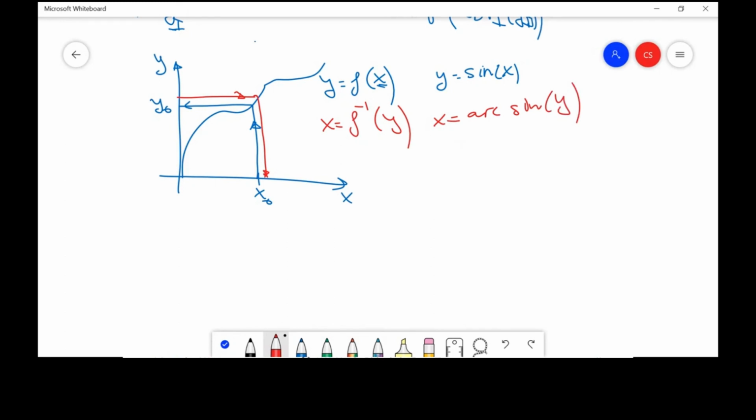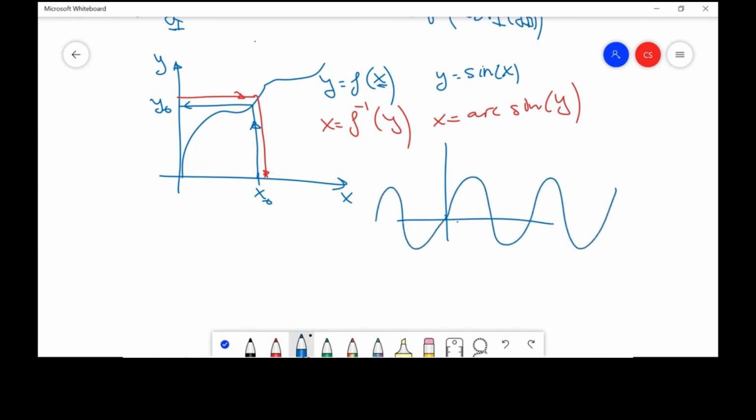The sine, truly speaking, is not invertible everywhere, because the sine is like this. So this is y, this is x. If you tell me this y, I don't know if it is coming from this point, this point, this point, this point. So the sine is only invertible from minus pi/2 to pi/2. And now you understand why the arc sine is defined in that range.